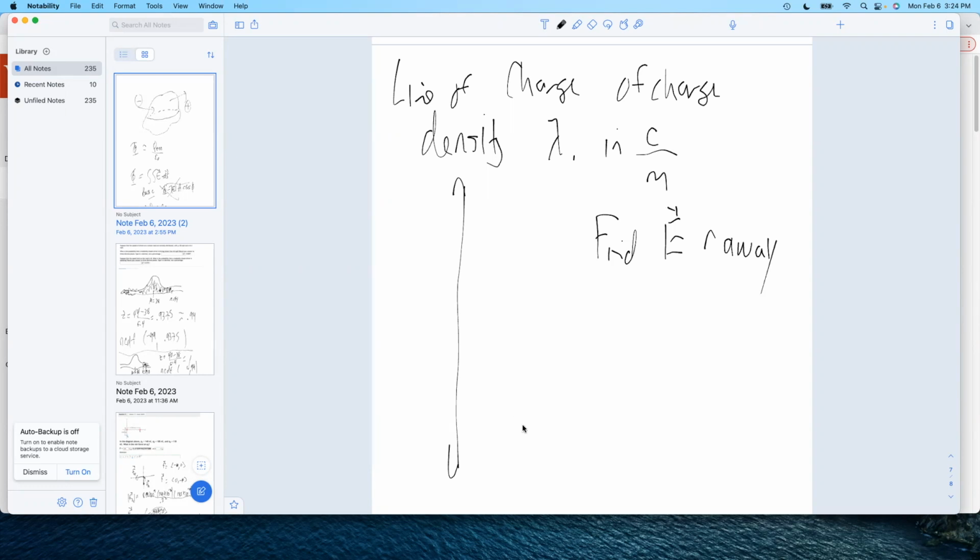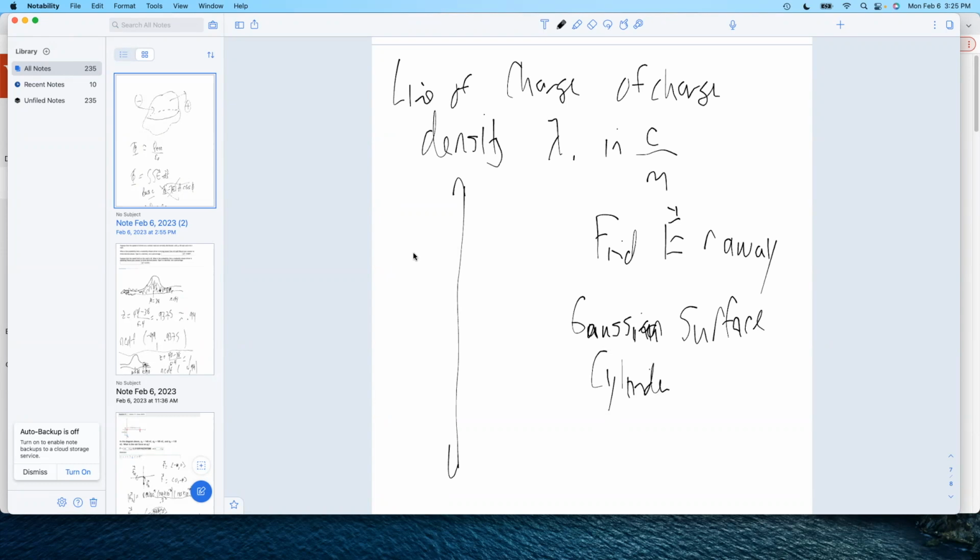So I need to exploit the symmetry. I'm going to draw my Gaussian surface that has the same kind of symmetry as a line. The only 3D shape that has that symmetry is a cylinder. So my Gaussian surface will be a cylinder.